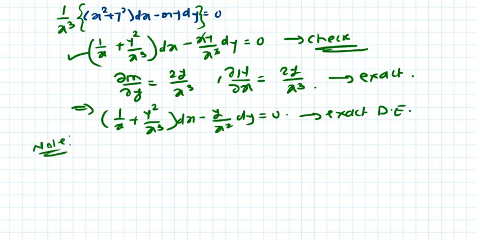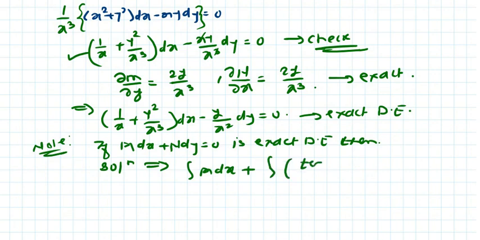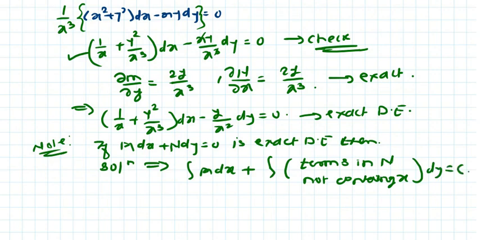If M dx plus N dy equal to 0 is an exact differential equation, then its solution is given by integration of M dx plus integration of the terms in N not containing x, into dy, equal to a constant. So this is our solution.